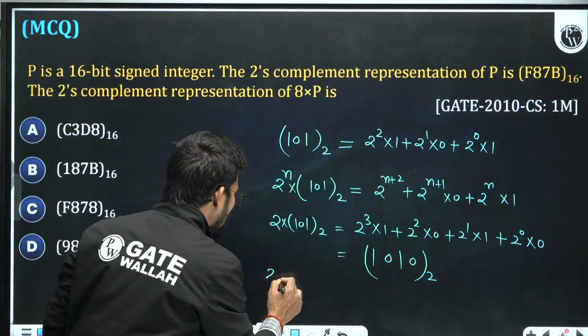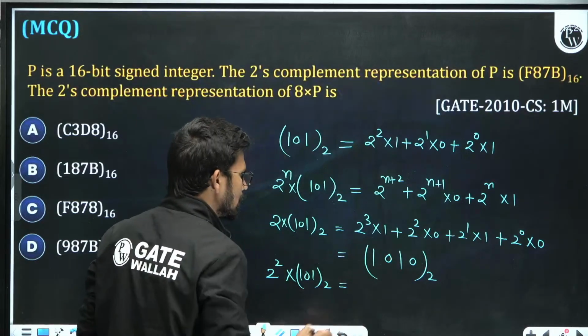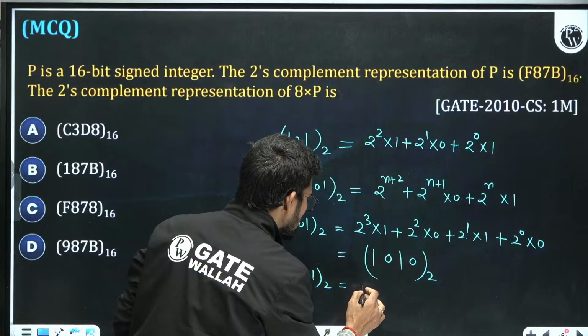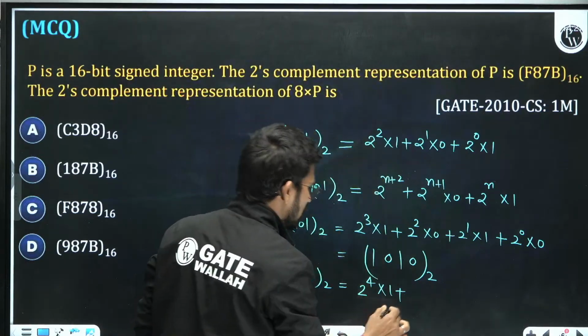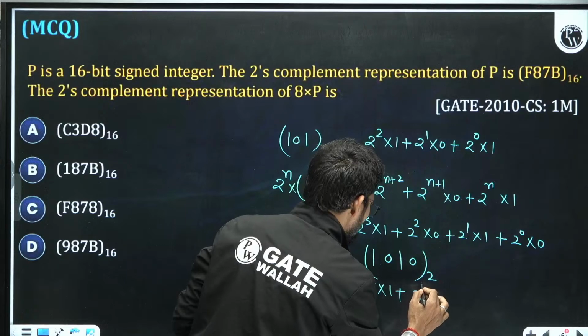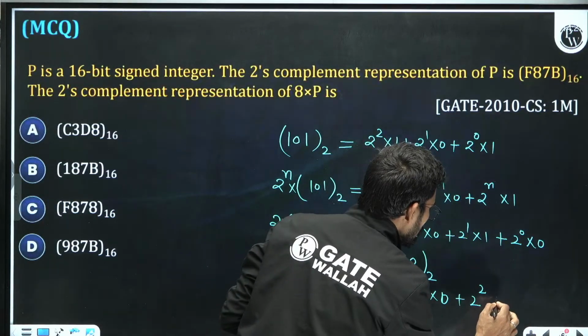If I multiply 101 with 2 to the power 2, what will happen? Let us take this. This is 2 to the power 4 into 1, the original number, and 2 to the power 3 into 0 plus 2 to the power 2 into 1.